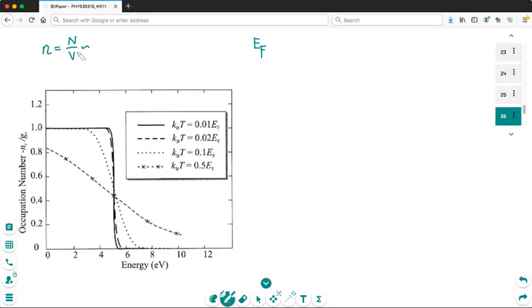If you have monovalent, the donation will be 1 electron per atom. You can have trivalent, 3 electrons per atom. So if you look up this table, you get this number, but here I want to give you some feeling on how to do this kind of estimation.